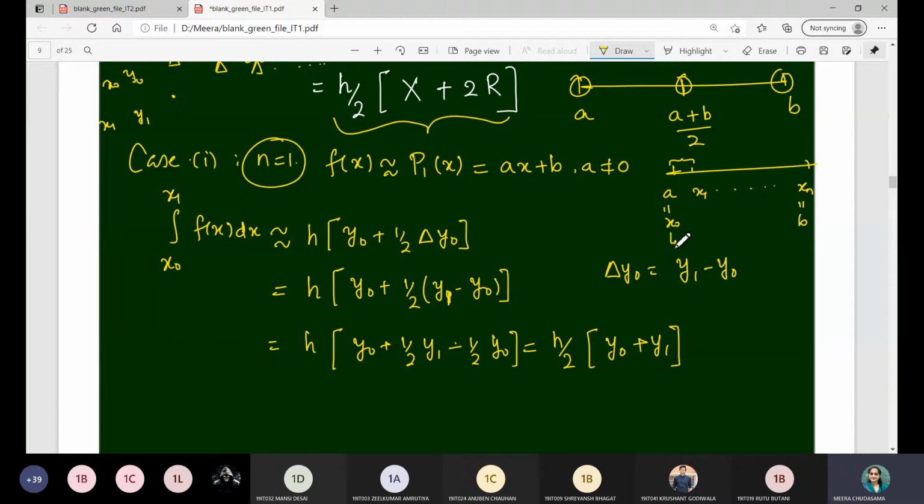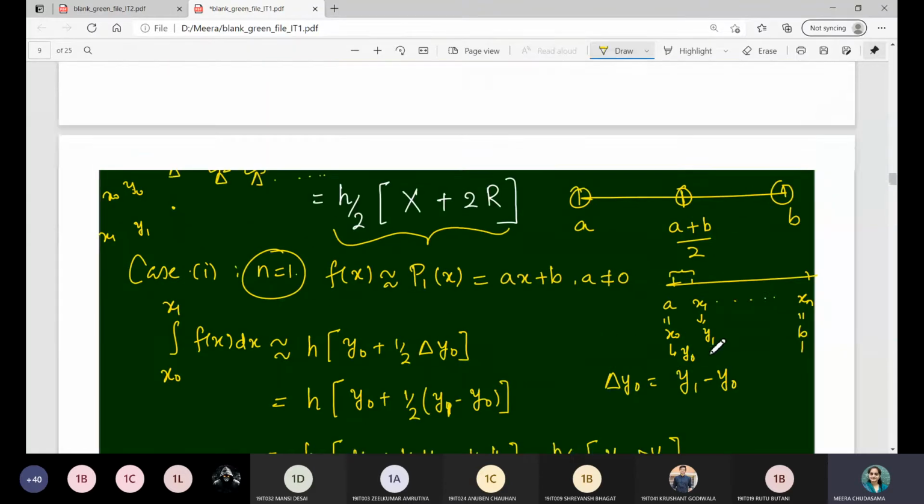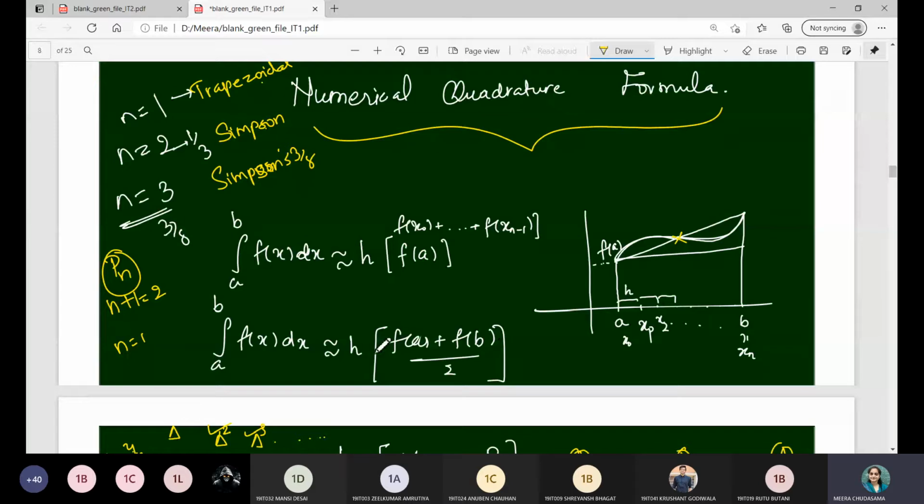That means corresponding to this we are given the y0 value, and corresponding to this we are given the y1 value. So what is the first subinterval you are getting? h by 2 times the sum of the function's extreme values, which you get as y0 and y1. So this is the trapezoidal rule for the first sub-interval, which I have written here. A was your extreme value, B was your extreme value, and h by 2.